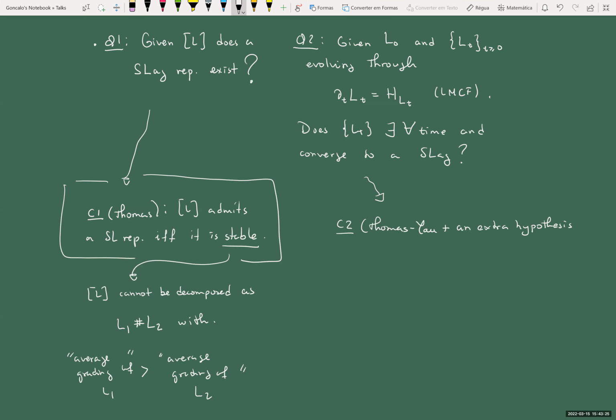But it was later understood by André Neves that this was a necessary hypothesis. Okay, so I'll just write which is necessary from the work of André Neves.